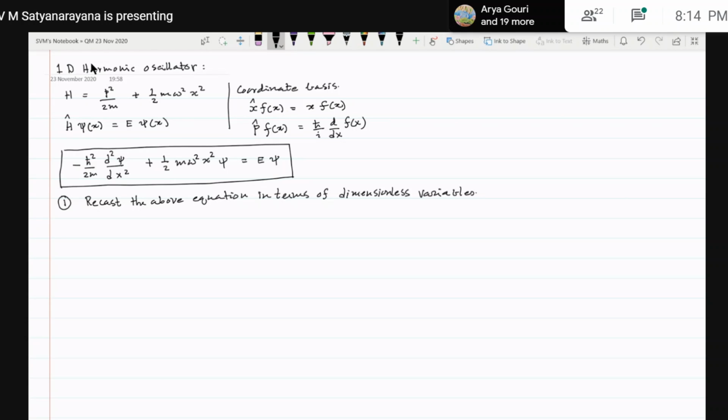This is something sometimes we call non-dimensionalizing of the equation. And this is a very general technique which is used in many differential equations.